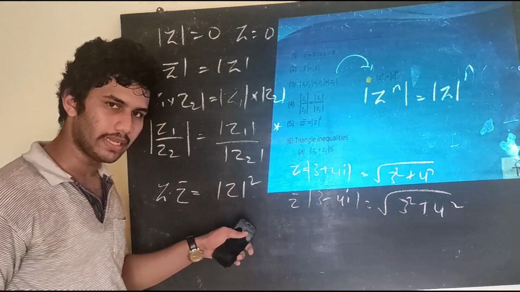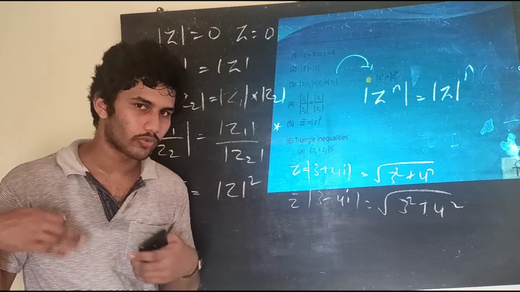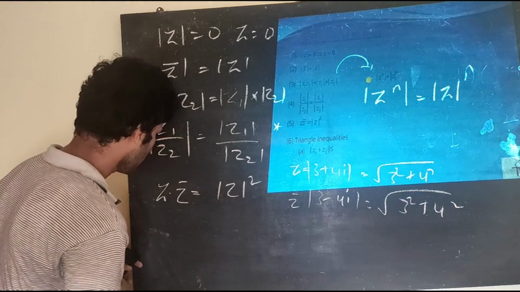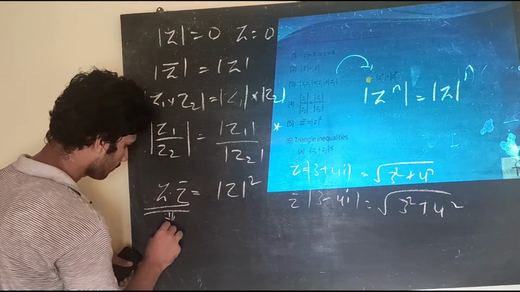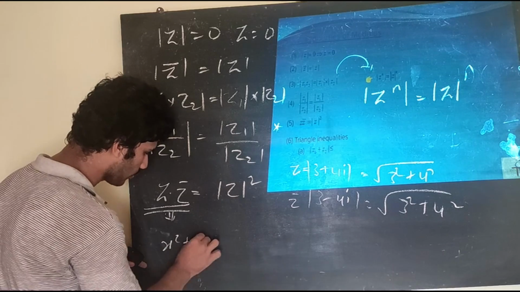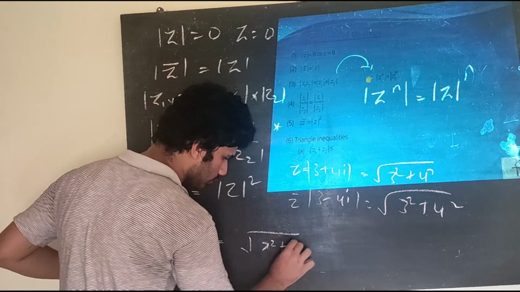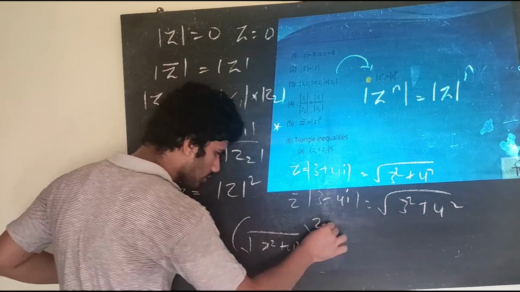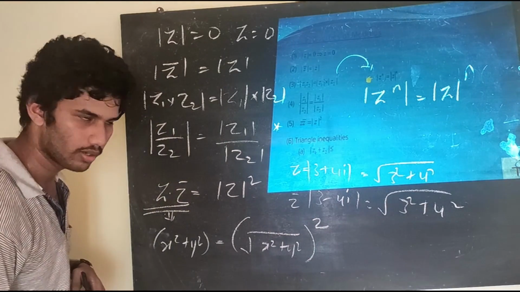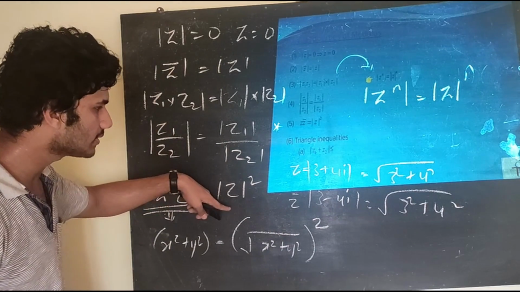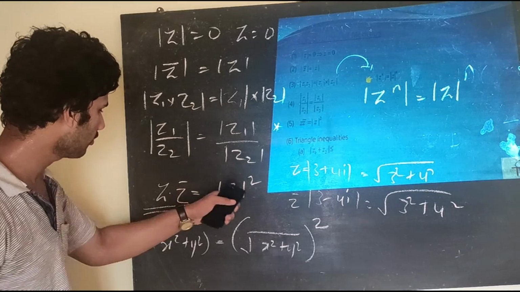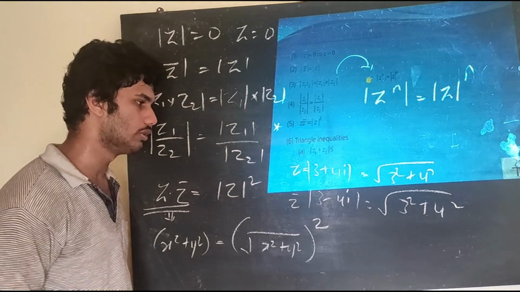And modulus of z means root of 3 square plus 4 square. So this gives me x square plus y square in general, and that gives me root of x square plus y square, and if I take the whole square, LHS and RHS become equal. So z into z bar gives me modulus of z the whole square.